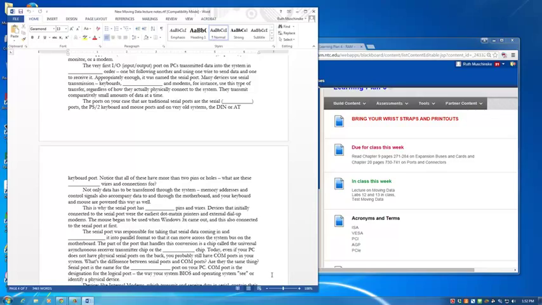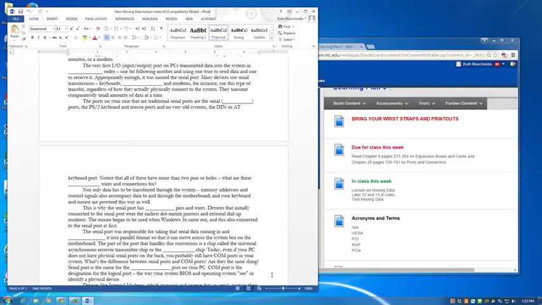Devices that initially connected to the serial port were the earliest dot matrix printers and external dial-up modems. The mouse began to be used when Windows 3X came out, and this also connected to the serial port at first.